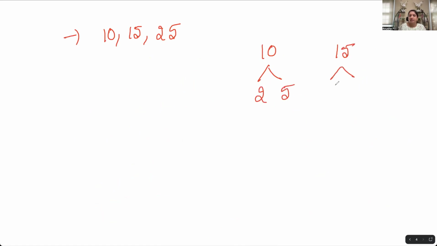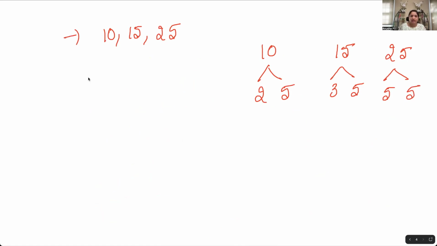Now I'll take one more example with three numbers. The three numbers are 10, 15 and 25. The prime factorization for 10 is 2 times 5. The prime factorization for 15 is 3 times 5. And the prime factorization for 25 is 5 times 5.